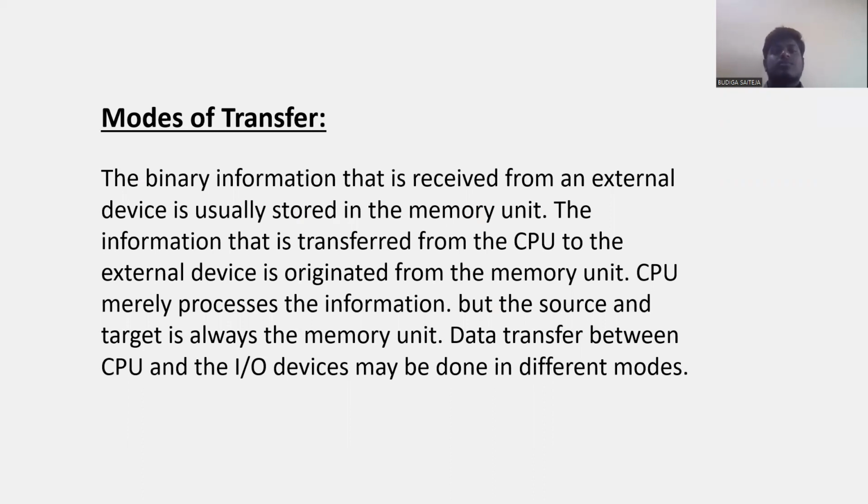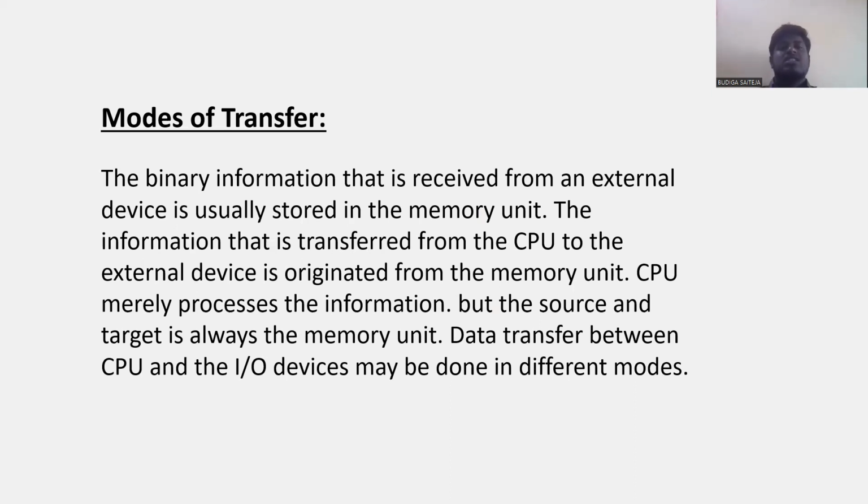Here we are learning about the binary information that is received from an external device. The information is transferred in the form of binary, because the system only understands binary. That binary information received from an external device is usually stored in the memory unit.